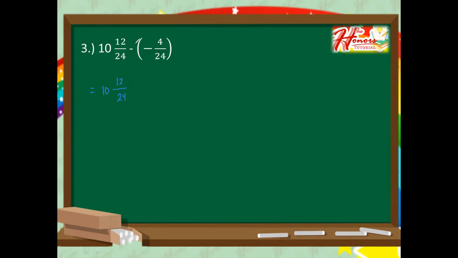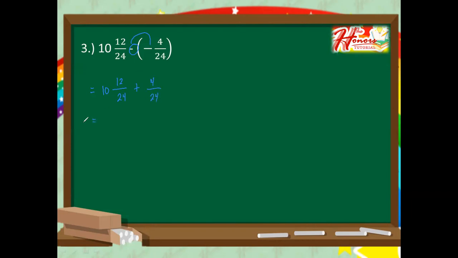So as you can see here, we have the operation, which is subtraction. And then we have here a negative fraction. So this is what you're going to do. You have to multiply this. Negative times negative, that's positive. So it will become plus 4 over 24.